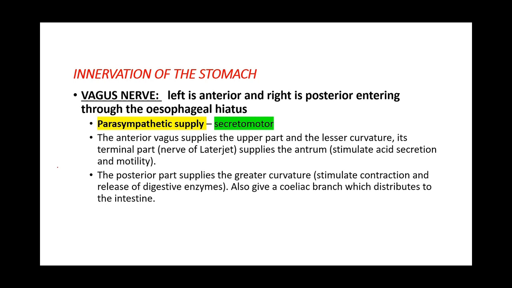There are two vagus nerves entering the abdomen via the esophageal hiatus, the anterior and the posterior vagus nerve. Okay, the anterior lies anteriorly to the stomach at the esophageal hiatus, while the posterior enters via the posterior part of the cardia.